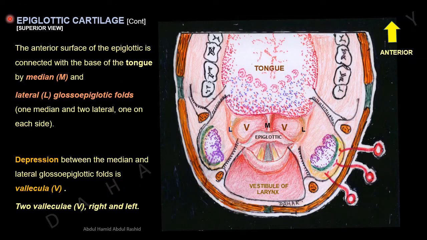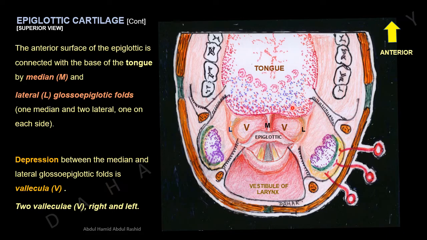Epiglottic cartilage, continuation. This is a diagram, superior view of the oral cavity and laryngeal cavity. This is the root of the tongue, and this is the larynx. This is the epiglottis.